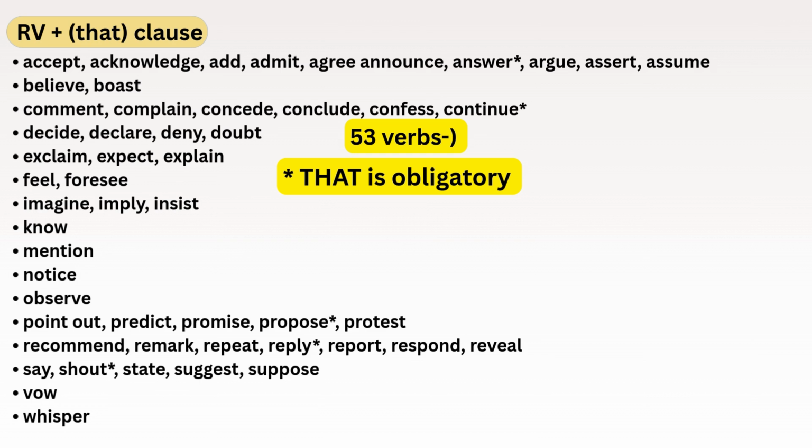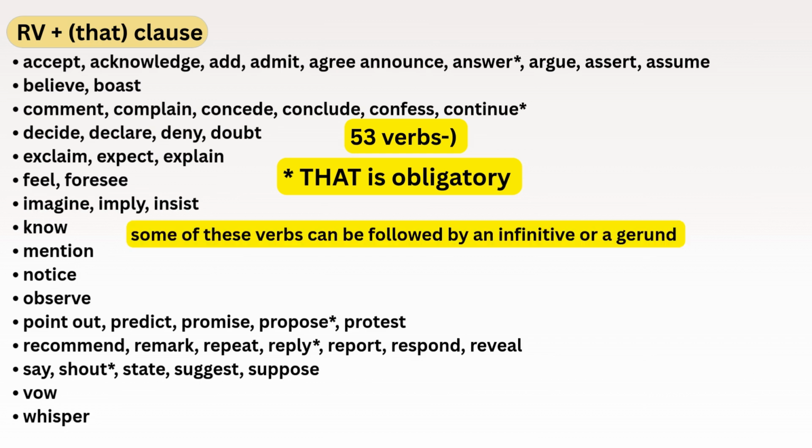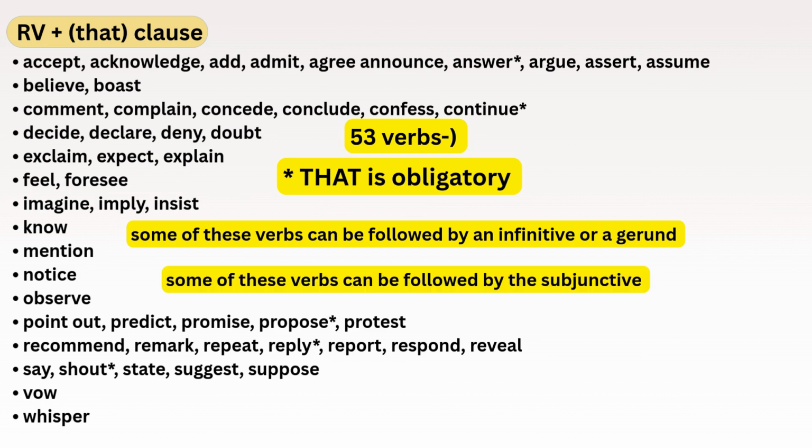And if you are planning on sitting an exam, it would be nice to remember that you should keep that word in those sentences. Some of these verbs can also be followed by an infinitive or a gerund, and some of them can be followed by the subjunctive, and I'll explain what the subjunctive is later on in this video. So watch it till the end to find out what the subjunctive form is.